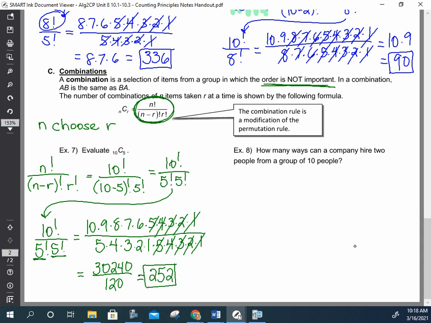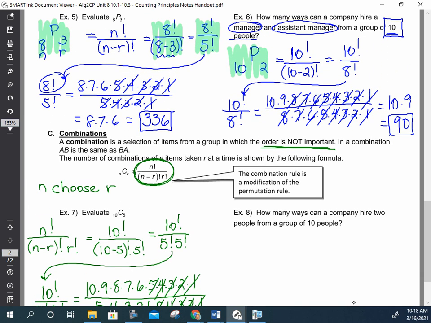Review straight. All right, so example A. How many ways can a company hire 2 people from a group of 10 people? Notice the difference between problem 6 and problem 8. Problem 6 wants to hire a manager and an assistant manager. Problem 8, hire 2 people.